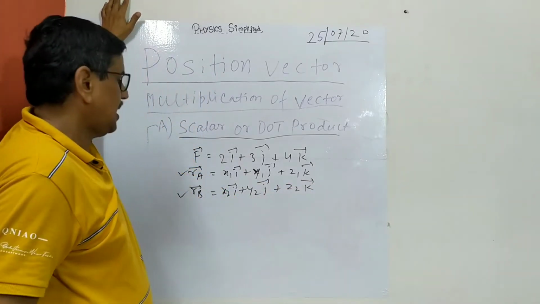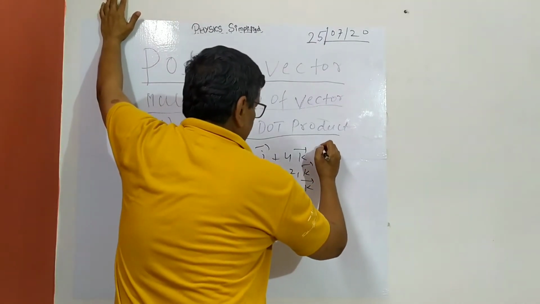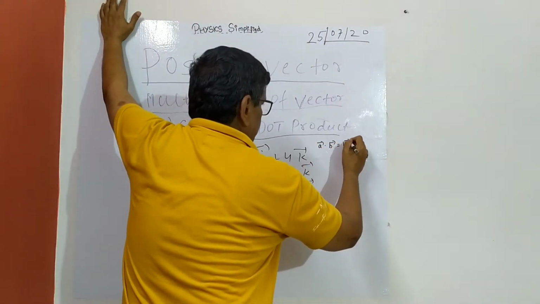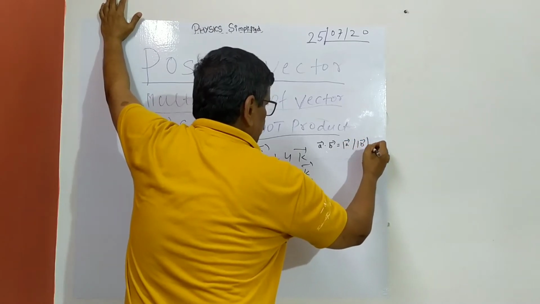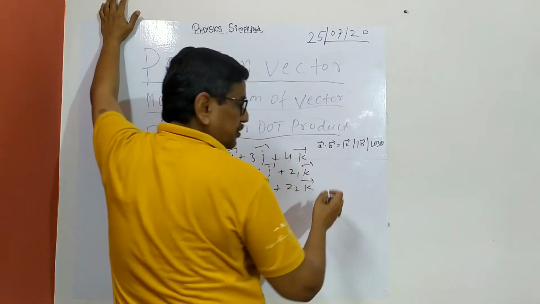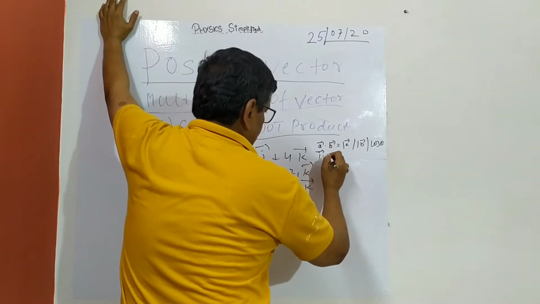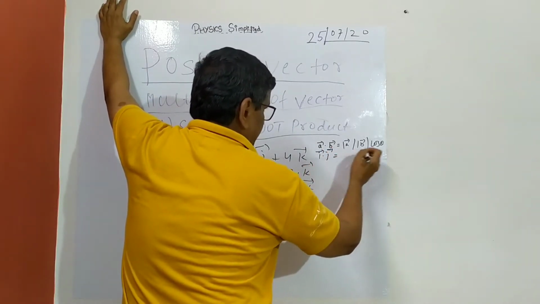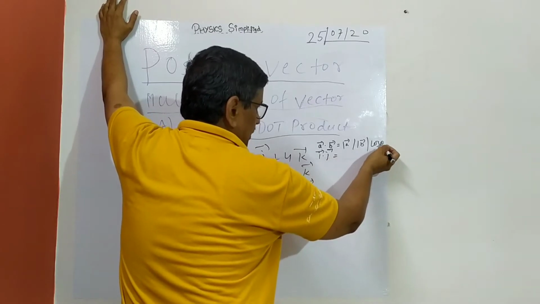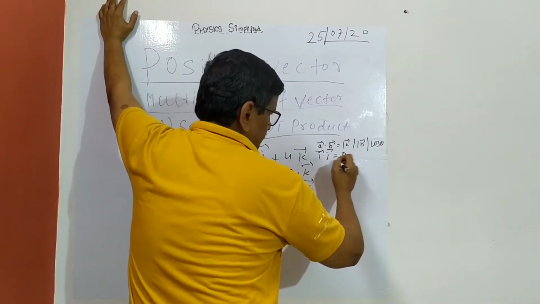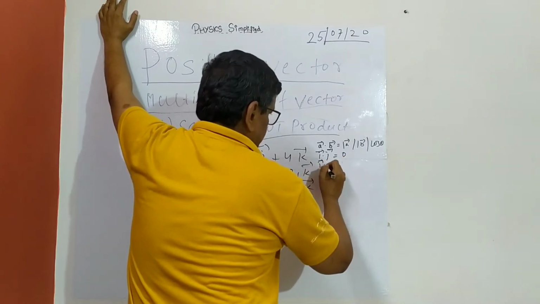Here one more thing is that since we know A dot B equals mod A mod B cos theta, using this analogy for unit vectors, if you want to calculate i dot j, then the angle is 90 degrees. I have already shown perpendicular. So i dot j is 0, i dot k is 0, and j dot k is 0.